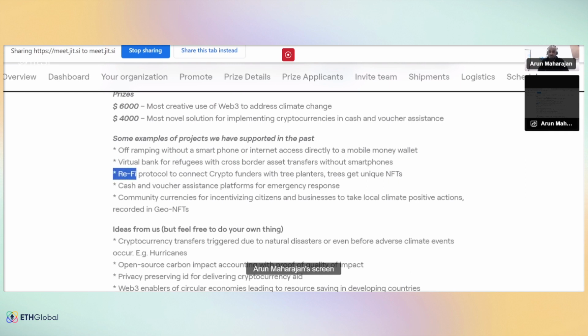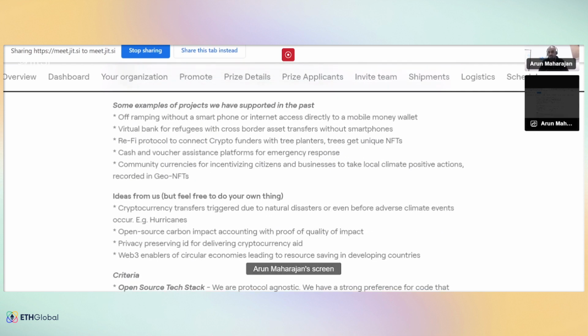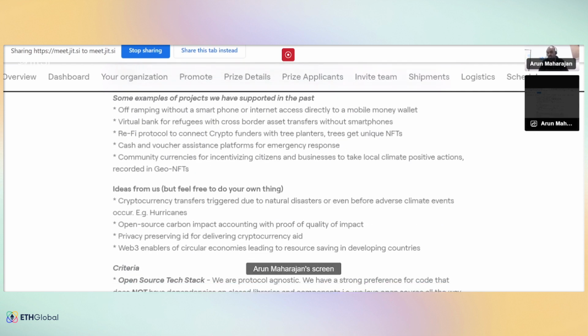A ReFi protocol that connected funders with tree planters, where each tree ultimately got its own NFT. Cash and voucher assistance platforms, and then a protocol which incentivizes citizens and business to take local climate positive actions in their area, and then those actions are tagged in a geo NFT of sort. These are some examples.